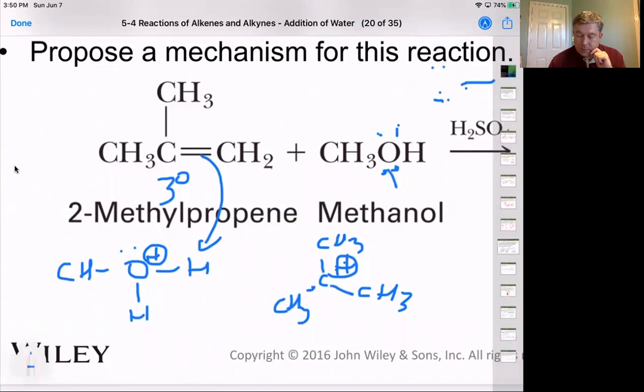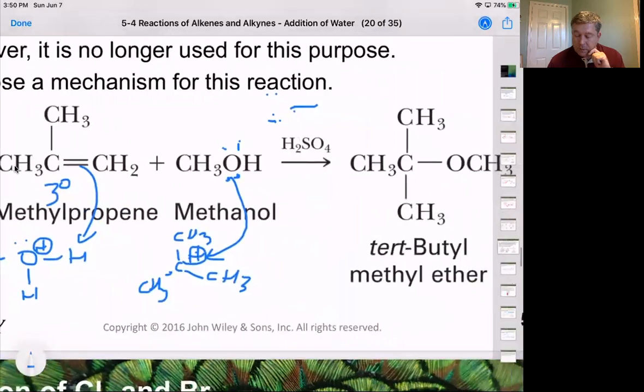These electrons will go and attack that carbocation, giving us our intermediate, where we have a new carbon-oxygen-carbon bond. That's going to give us an intermediate species with a hydrogen here and a plus charge. And when that plus charge goes away, we'll be left with our neutral ether species. We'll talk about that a little bit more in lecture.